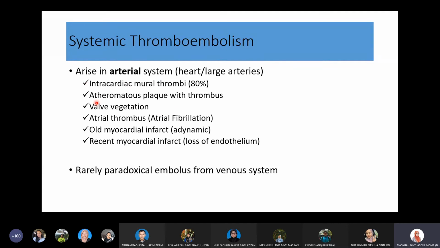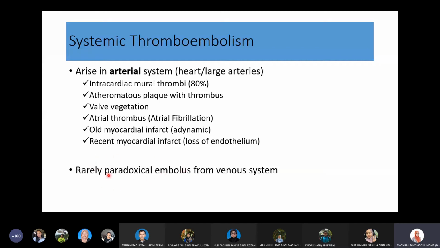The other locations are from atheromatous plaque with thrombus, and from valve vegetation. In patients who have atrial fibrillation, they can develop atrial thrombus. Also in patients who have old myocardial infarction, and in patients who have recent myocardial infarct. Rarely there will be a paradoxical embolus.